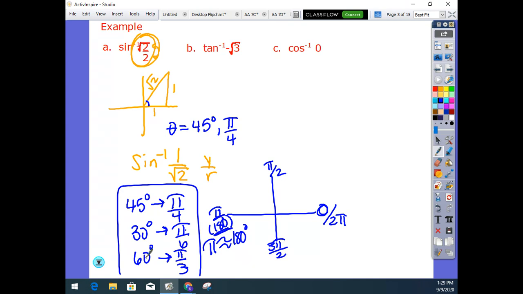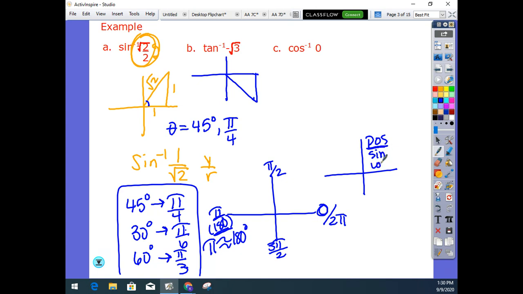All right, tangent. When tangent is negative, we always put that into the fourth quadrant. That's our restricted domain that we have to use. If you don't remember your restrictions, if they are positive, they always go in the first.